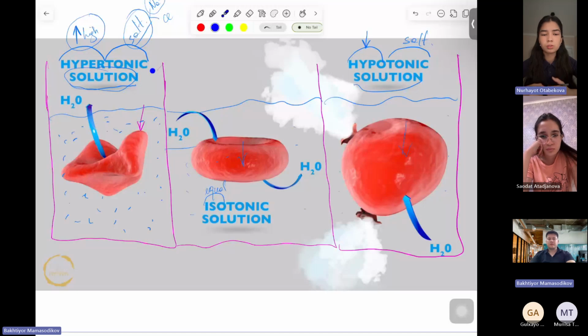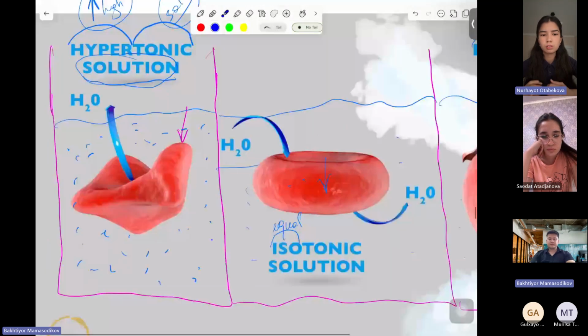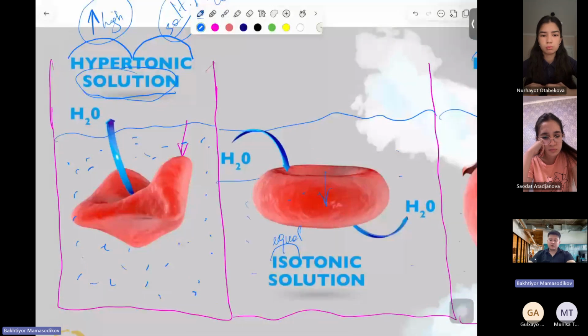Yes, the water inside of the hemoglobin is going to be released outside into the water itself, and the hemoglobin is losing water molecules.